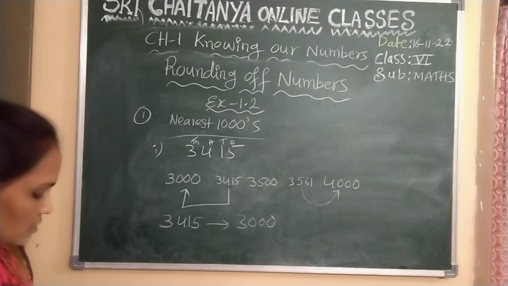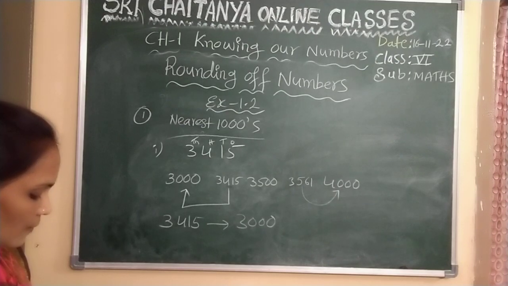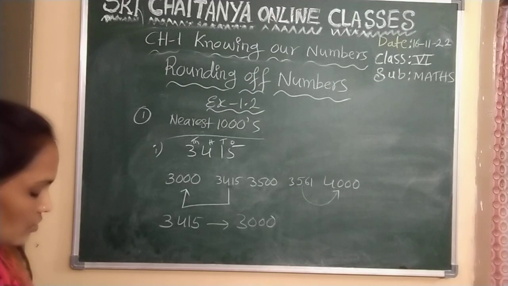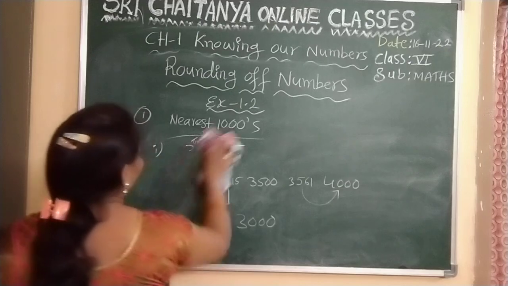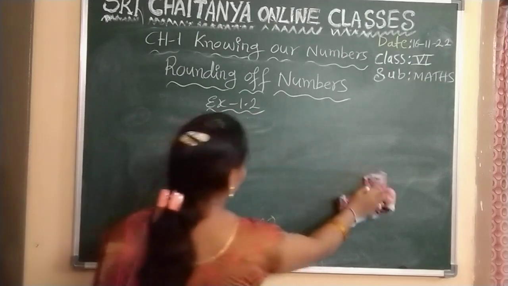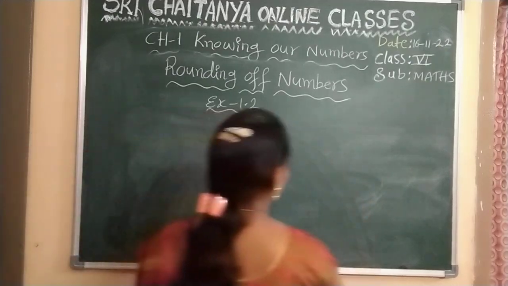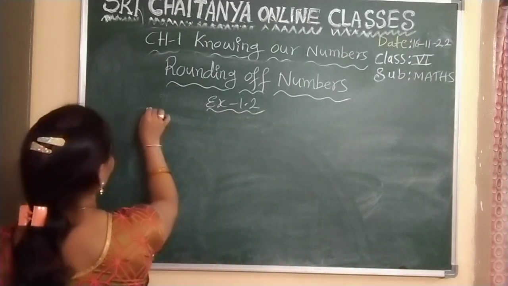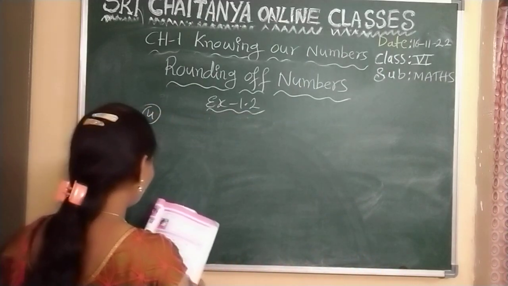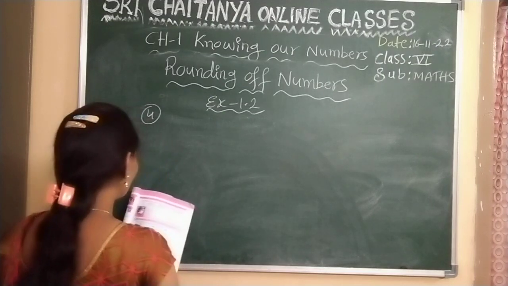Next, how to write the short form of the given expanded form. Just two questions I will explain for that, so that we will complete the exercise simply. See, the fourth one: write the numbers in short form.